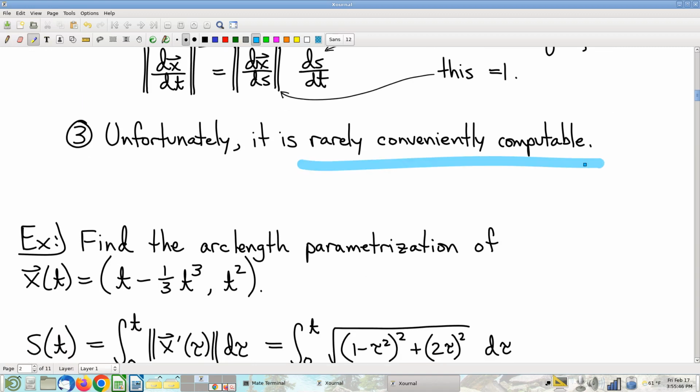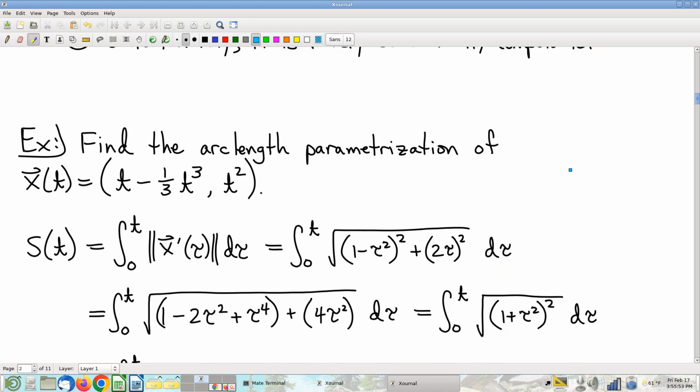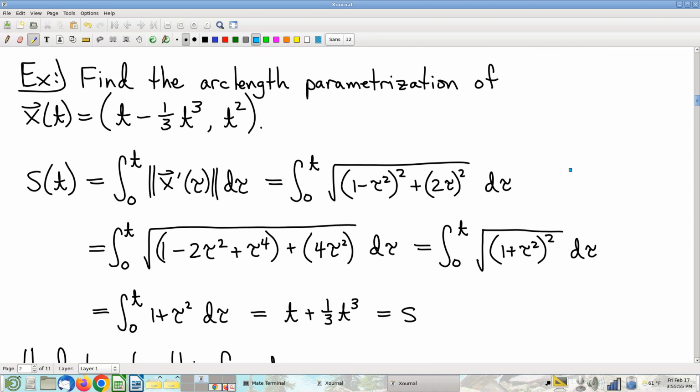Well, it's usually not very easy. As you're about to see, this is a carefully constructed example where I've gone to some trouble to make the integral doable. And even still, this is going to be kind of a failure of an attempt to reparameterize.